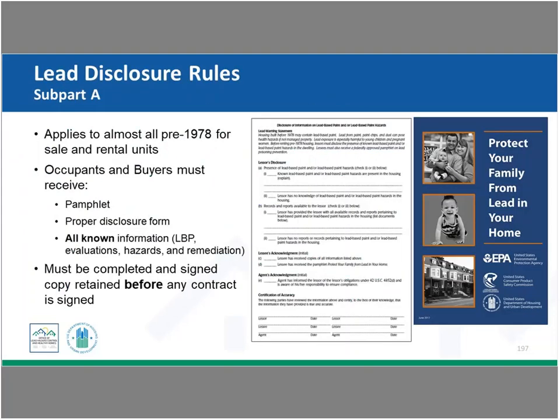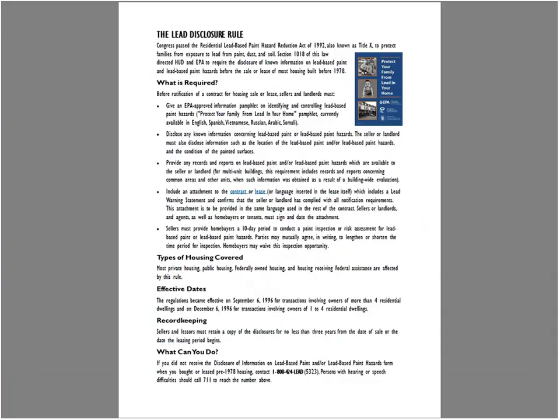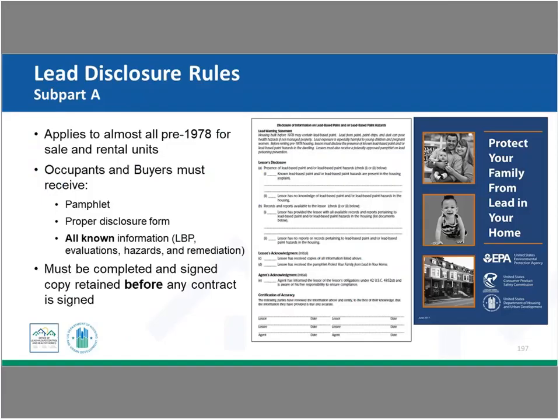All right, so the first step is disclosure. We have that handout that I showed you, so if you're not familiar with disclosure, you can go back and look at this handout. But disclosure has been in place since 1996, so hopefully this is not a new term for you.